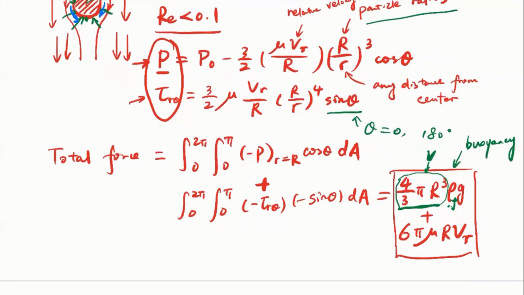And if you look at this term here, this is 6 pi mu r v infinity, or basically v_r, the relative velocity, okay? This looks quite familiar. So 6 multiplied by r is just 3 pi mu dp multiplied by v_r, okay? So this is the equation that I want you to memorize, right?